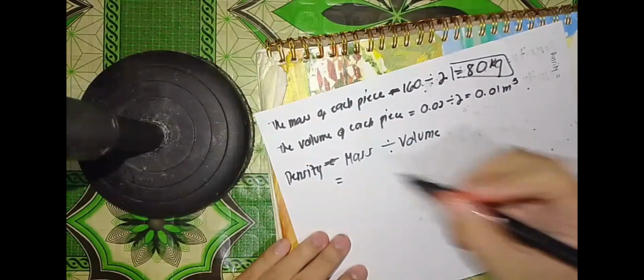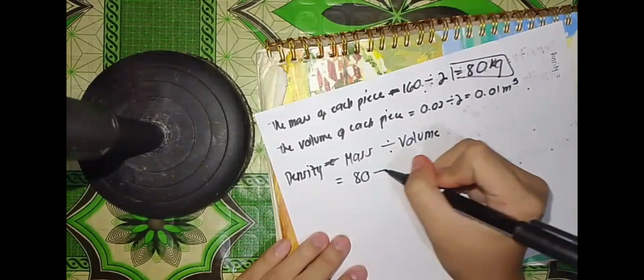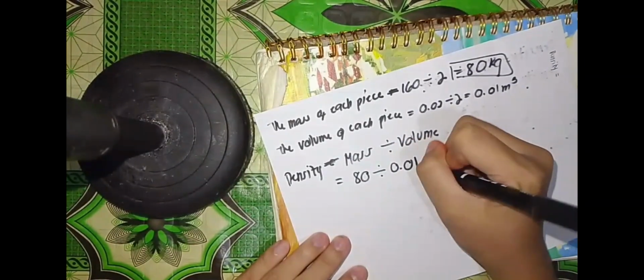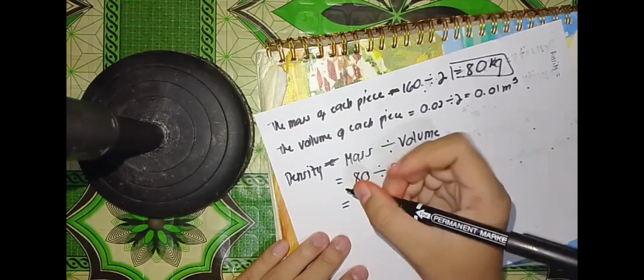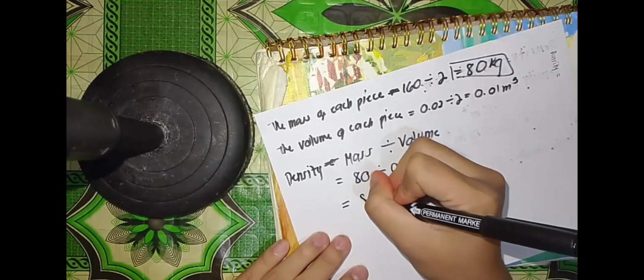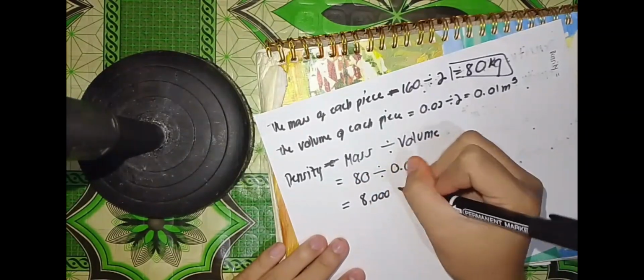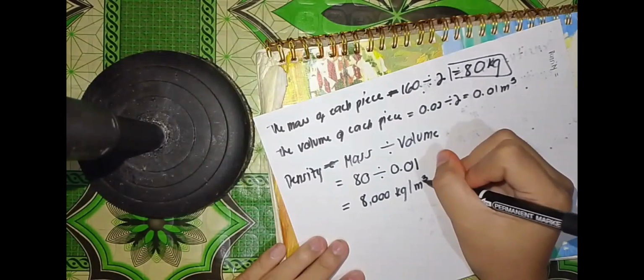Our mass is 80 and the volume is now 0.01, so our density is 8,000 kilograms per cubic meter.